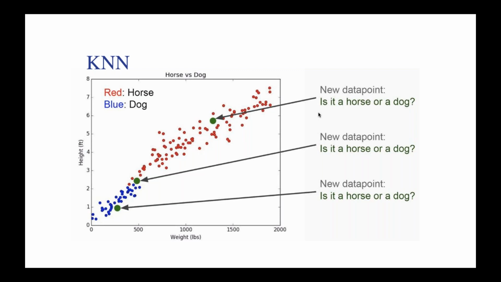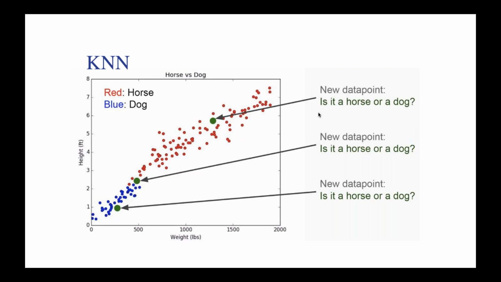My problem statement is we have a data set which consists of the height and weight records for horse and dog. We have to use that data set and create a machine learning model so that in future if I give you a weight and height, you should be able to tell me which category the particular animal belongs to.